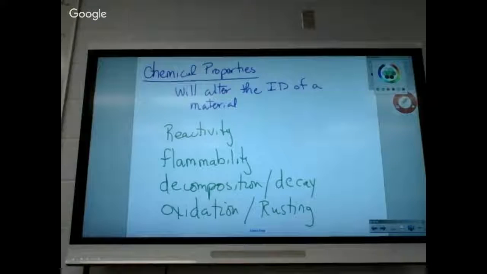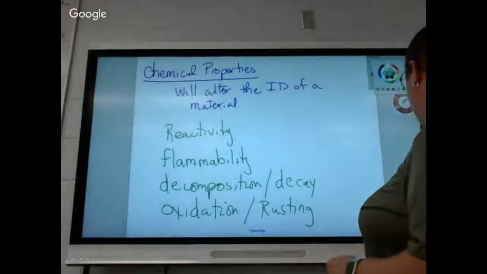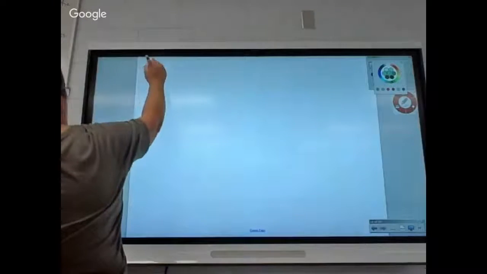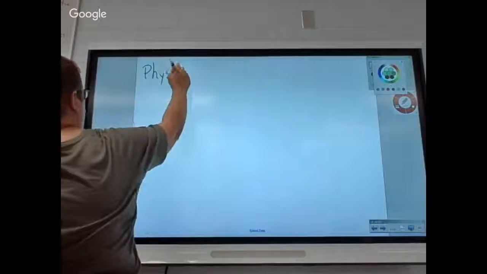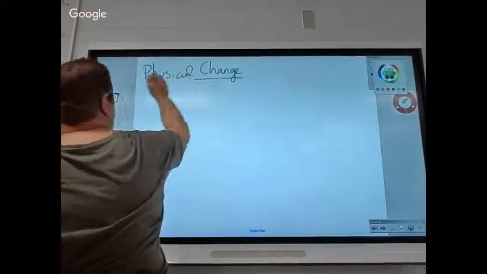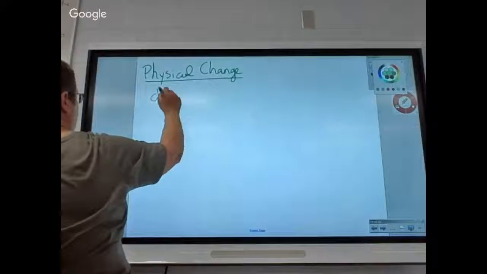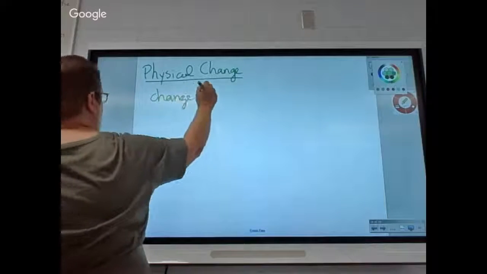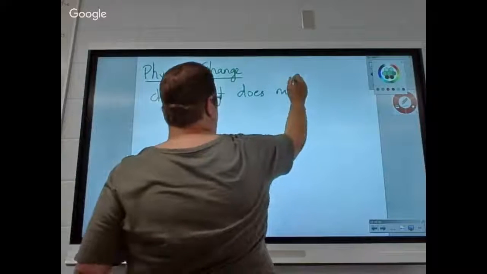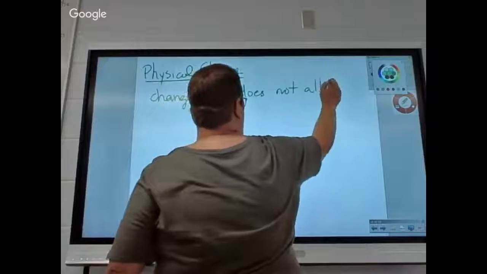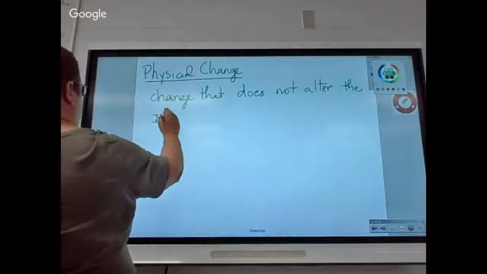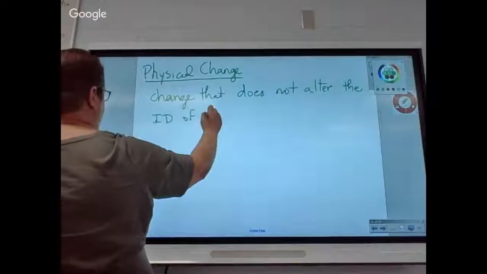Alright. So we need to finish physical and chemical change so that tomorrow when you get here, we can do the lab first thing. I don't think we're gonna get to it today based on the time. Alright, physical change is a change that does not alter the identity of materials.